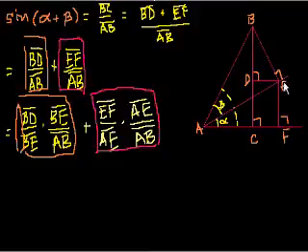And DE is perpendicular to EF, so DE and AF are parallel. Since AF is parallel to DE, and AE intersects both, we know that the inner angles with parallel lines, this is also equal to alpha, right?